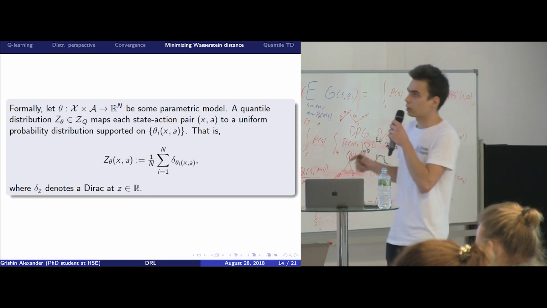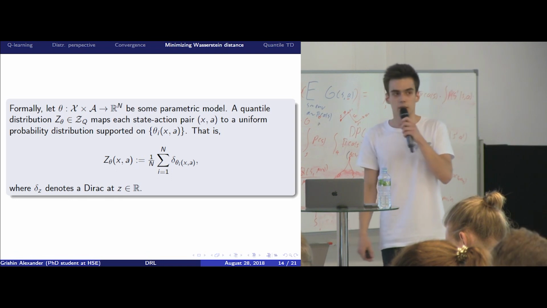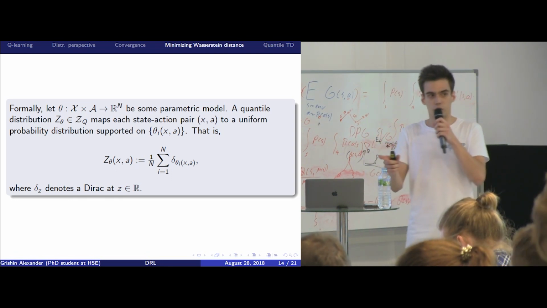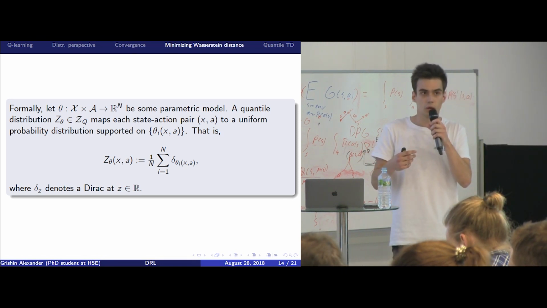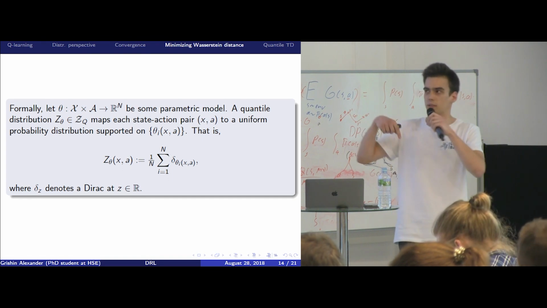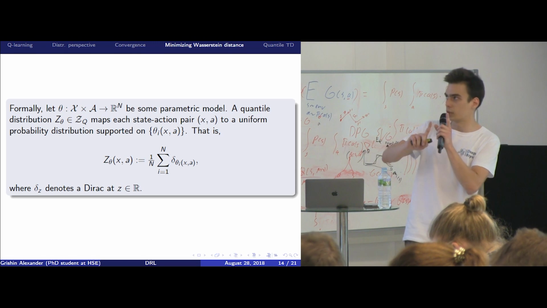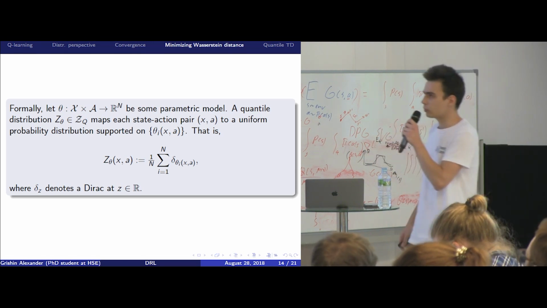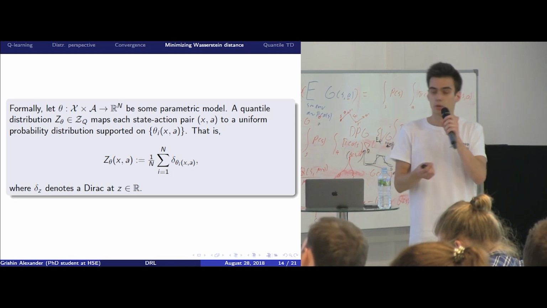So we are considering the following parameterization, which is just n uniform delta functions. We as a model are allowed to move each of these Dirac delta functions. So we need to construct a projection.